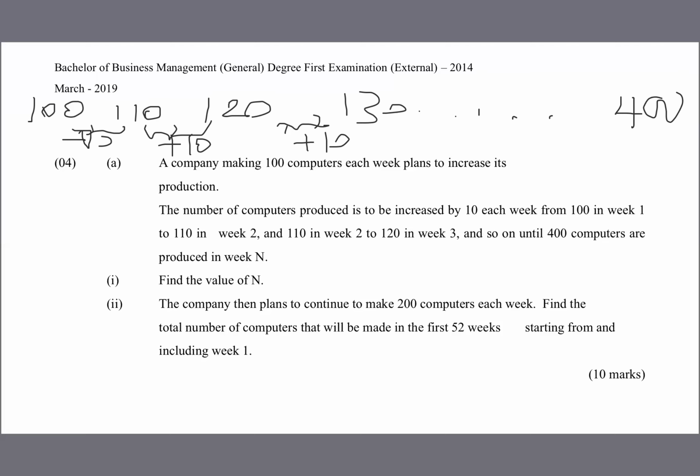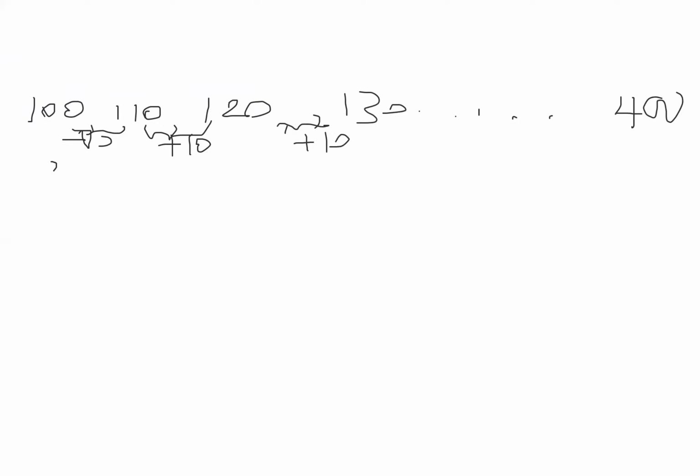Then we know this is an arithmetic series, where A is 100 and D, the common difference, is 10, and we need to find the nth term. How can we find the nth term of an arithmetic series?